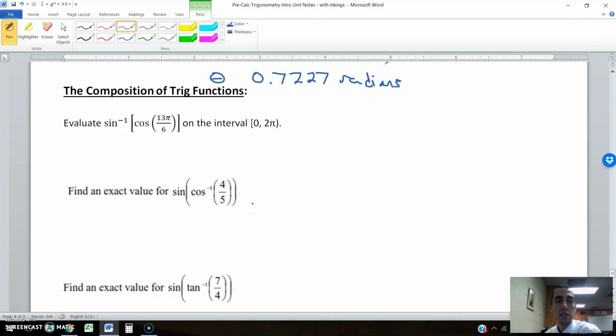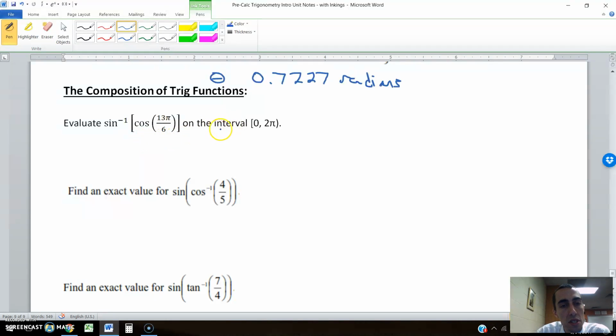Our next topic is the composition of trig functions. When you have a composition of trig functions, we'll do one trig function, take the output, and then plug it into another trig function. Alright, so for this first one, the cosine of 13 pi over 6, we'll do that one, since it's inside the brackets, take its output, and then enter it into the sine inverse function.